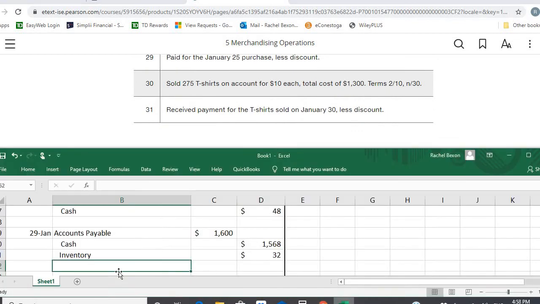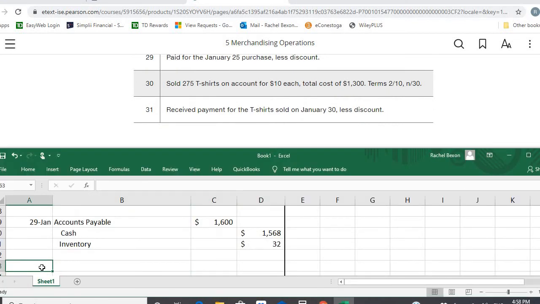We have 2 more entries to do. On January 30th, we sell 275 t-shirts on account, and we're given the cost again. Remember, the revenue is based on the selling price times the number of items sold. The cost is being provided in the question. So it's on account. I know that because there's terms and it says.